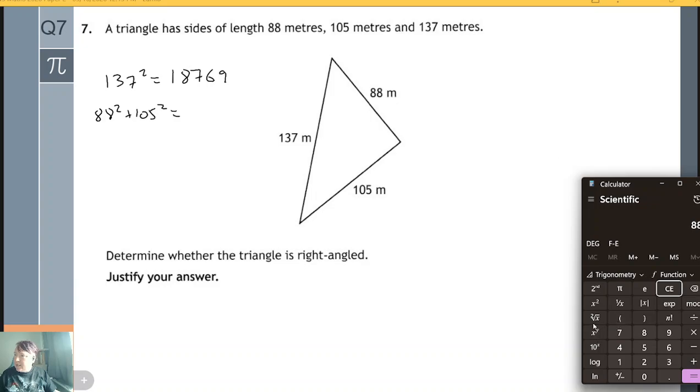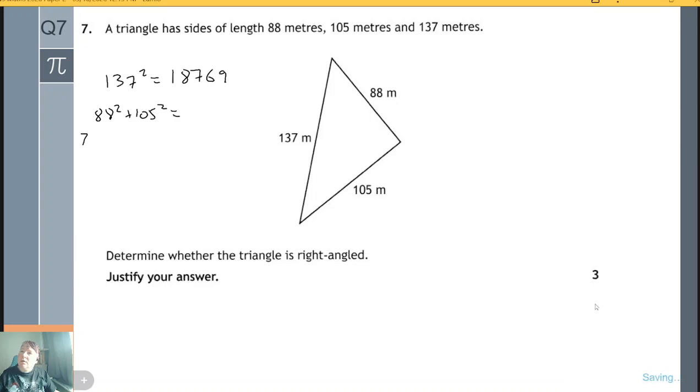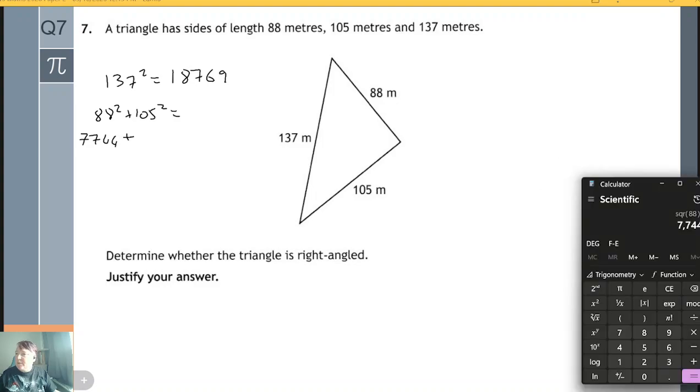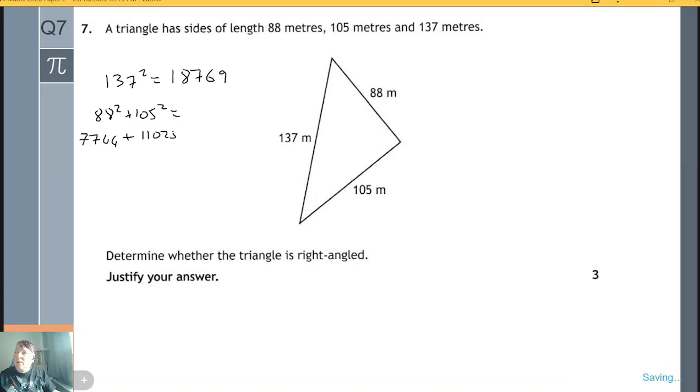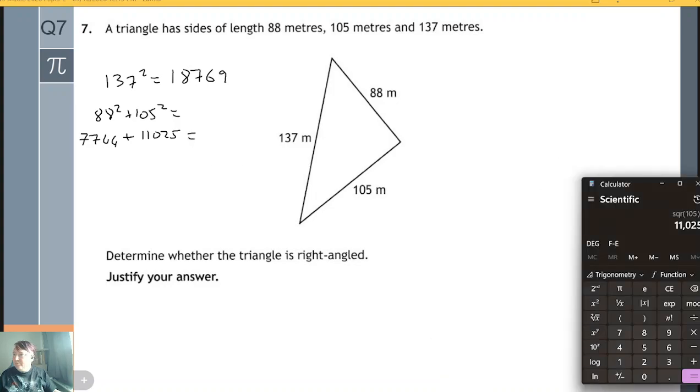Right, 88 squared is 7744. And 105 squared is 11025. Add those together, 18769.